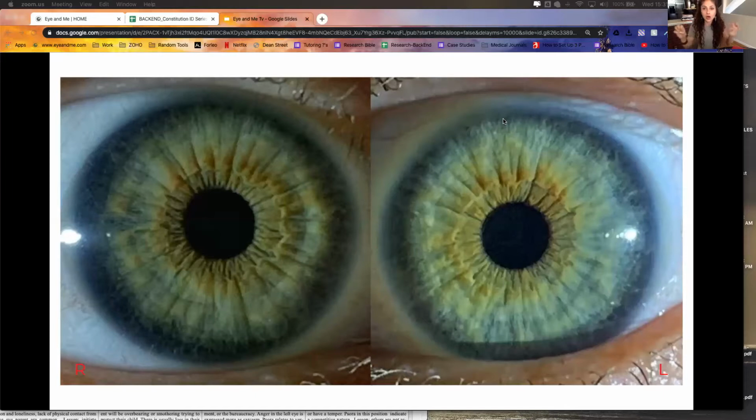It bathes all of the cells in lymphatic fluid and cleans all of the cells. It balances the bloodstream. It brings toxins and germs and things that need to be eliminated to these major sites like the lymph nodes, and it attacks them with white blood cells, all that good stuff.